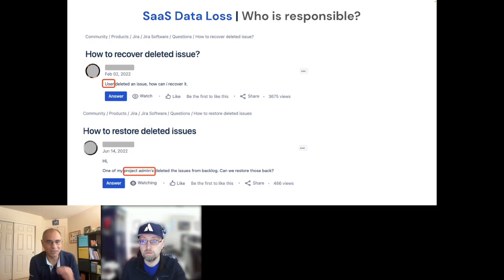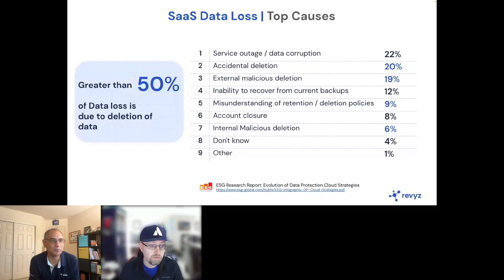With that in mind, I want to bring up a survey done by the Enterprise Strategy Group on the top causes of SaaS data loss. Based on their survey, more than 50% of data loss in SaaS is due to deletion.